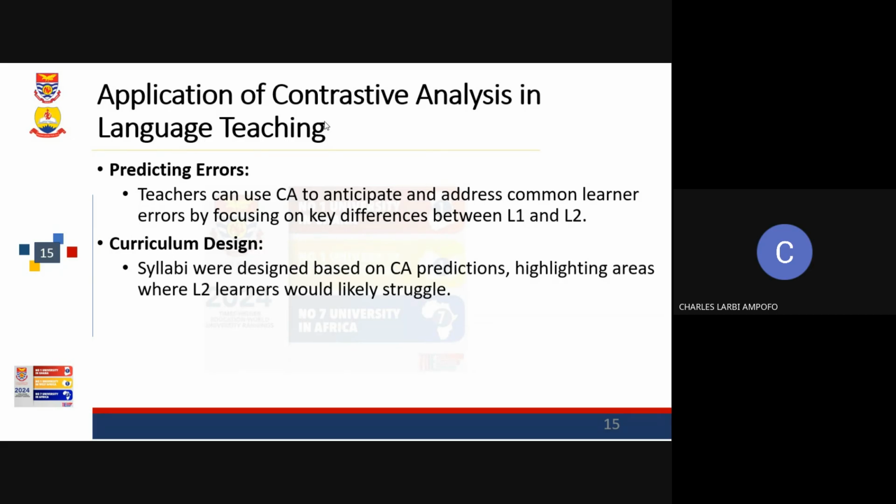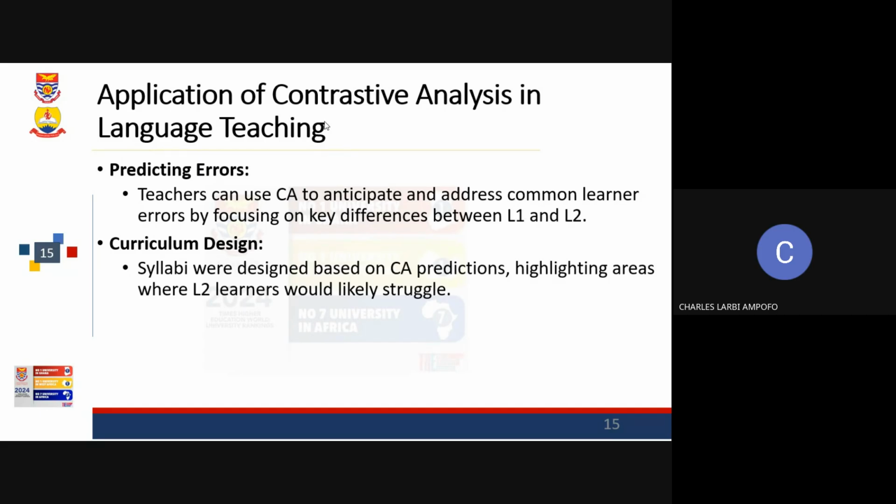It also helps in curriculum design. The curriculum that we use in teaching has certain aspects that have their roots in contrastive analysis, because English is taught as a second language here. So contrastive analysis influences how curriculum is designed.